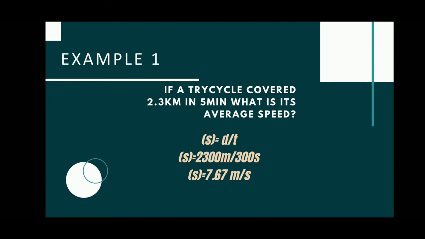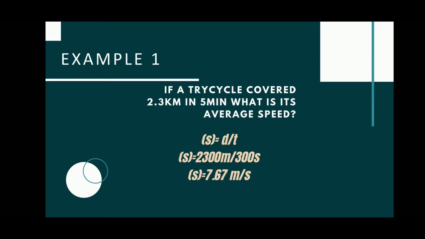We have here the first example for the speed. If a tricycle covered 2.3 kilometers in 5 minutes, what is its average speed? We are looking for the average speed, so the formula is distance over time. 2.3 kilometers in 5 minutes cannot be divided, so we will convert them into meters and seconds. 2.3 kilometers is 2,300 meters and 5 minutes is 300 seconds.